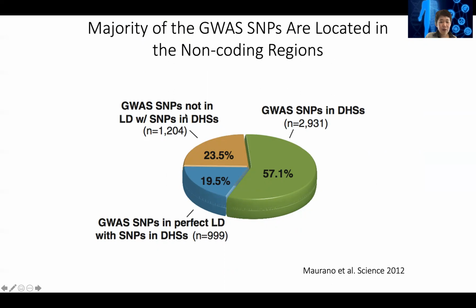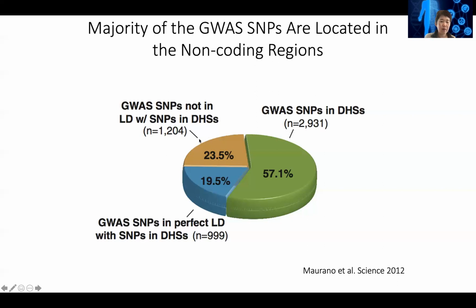Or there could be some that are not in the peaks, but in perfect LD with those peaks. This is because sometimes they didn't do genome-wide association using genome sequencing. They just used a SNP array. They typed one SNP, but they don't have the SNP in the DNase peak region. But these two are perfectly linked, so you suspect that the real effect is on the DNase hypersensitivity region.